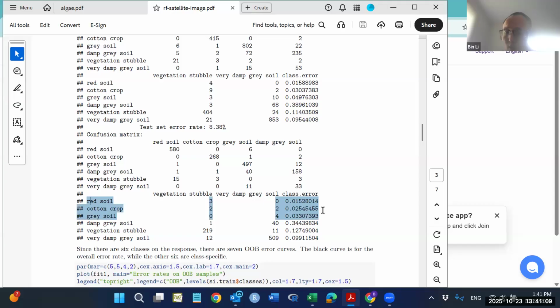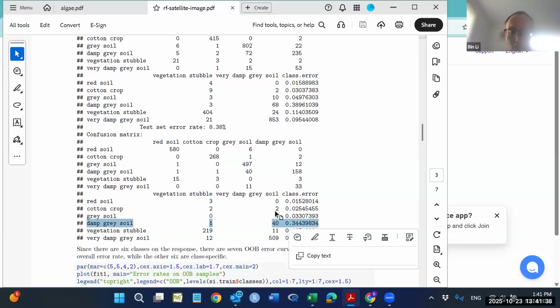These three types have a very low misclassification rate, with error less than 5%. However, the damp gray soil has a very high rate. It's about a 1/3 chance to be misclassified.